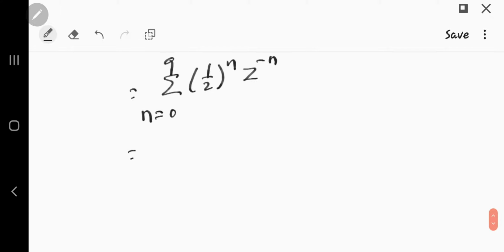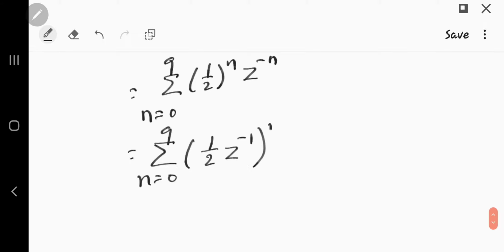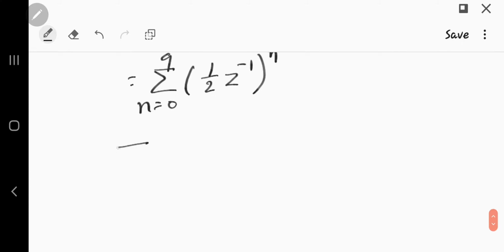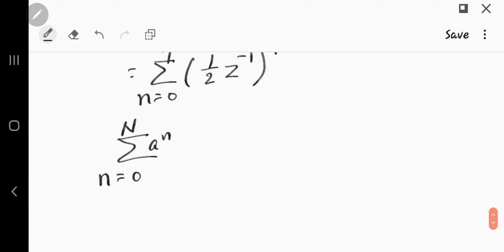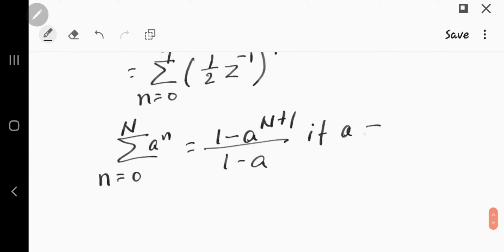And let's combine this. N is equal to 0 to 9, 1 by 2 z inverse to the power of n. Now from geometric series we have, if n is equal to 0 to n, a to the power of n, we have 1 minus a to the power of n plus 1 divided by 1 minus a if a is not equal to 1.